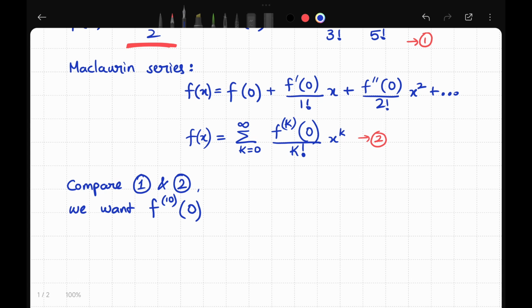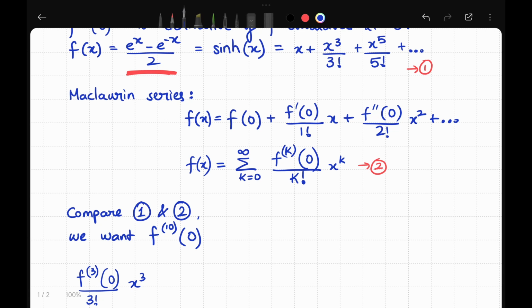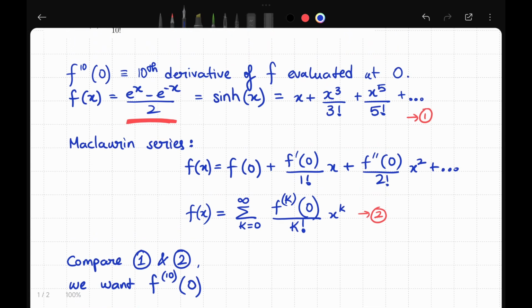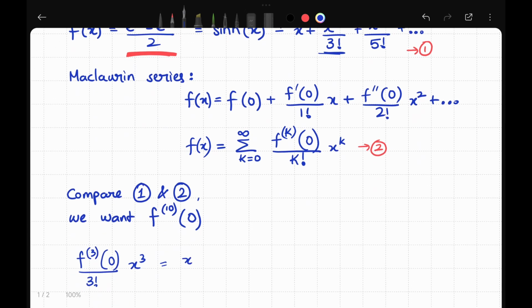Let's consider the third derivative. If we look at f^3 of 0 and compare these two, this will be f^3 of 0 divided by 3 factorial times x cubed. And what is the corresponding term in the expansion of sinh x? That is x cubed divided by 3 factorial, which implies the third derivative about 0 is 1, because these cancel out.